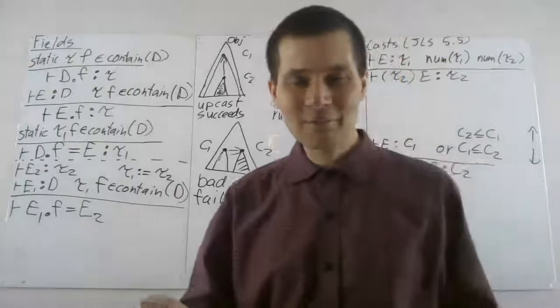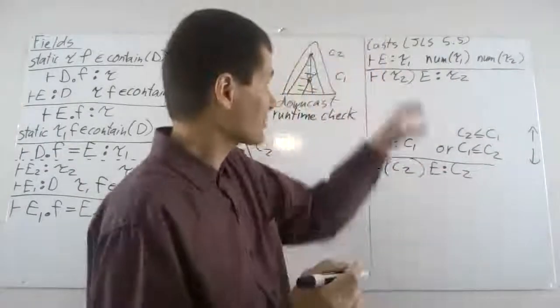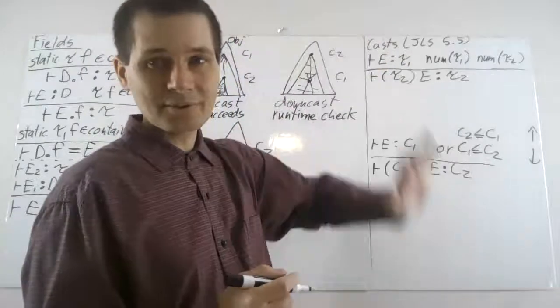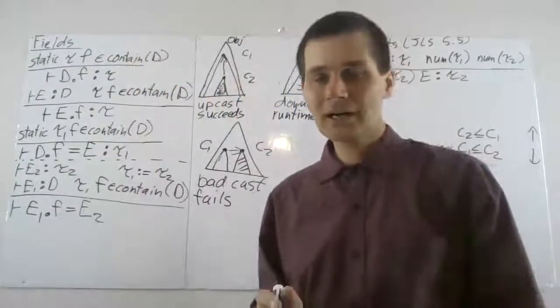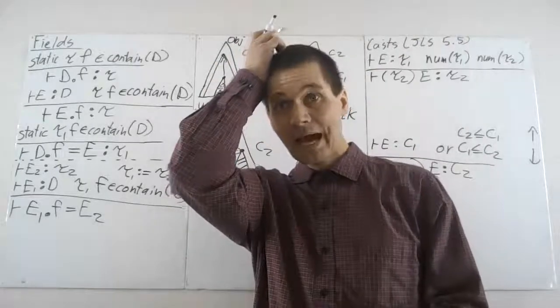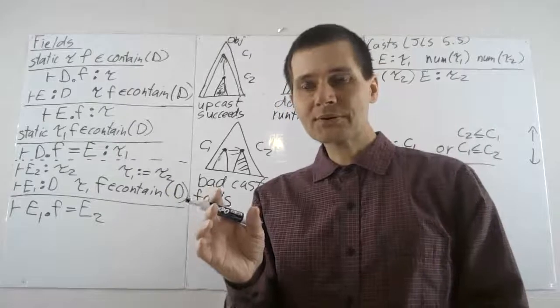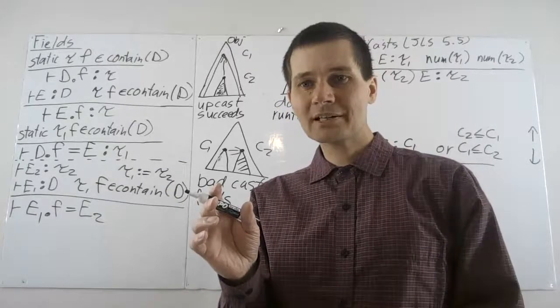I don't know. So numeric: for numeric types, we have this other rule where numeric types are always allowed to be cast. So integers and shorts.